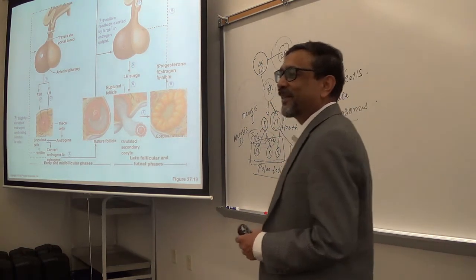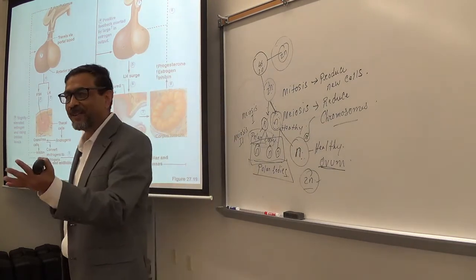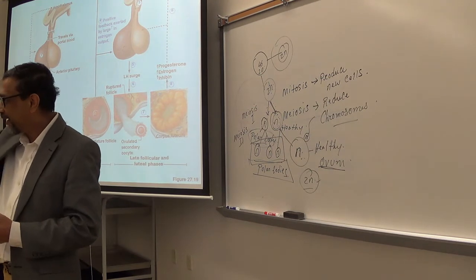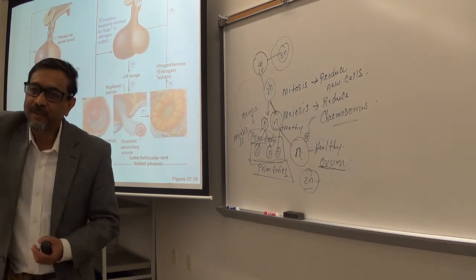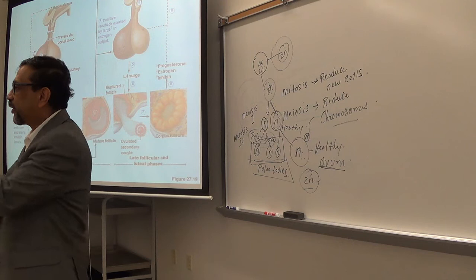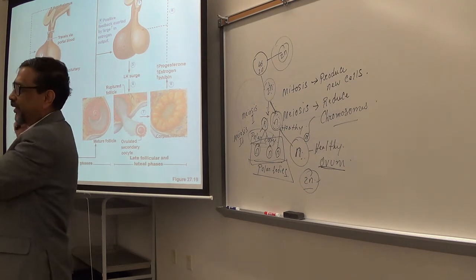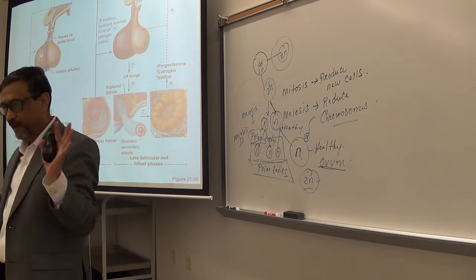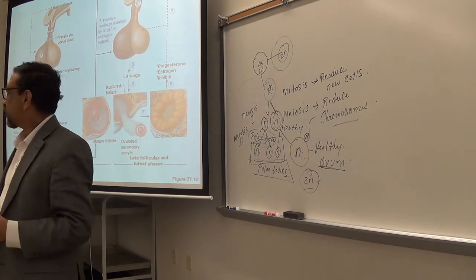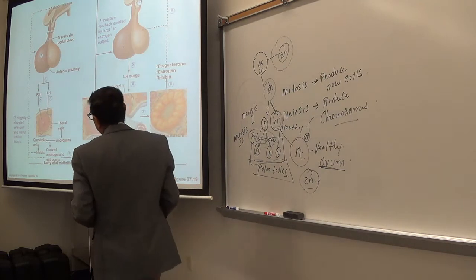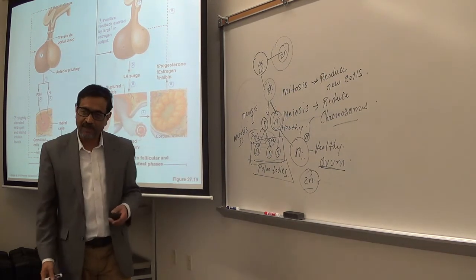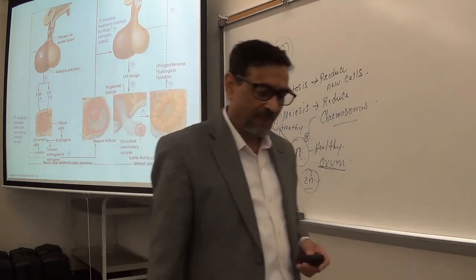Follicle stimulating hormone, its name is telling you, it will work on the ovary. The ovary has the follicles, so it will stimulate the follicles to grow and mature. That's why it is called follicle stimulating hormone. Make sense?